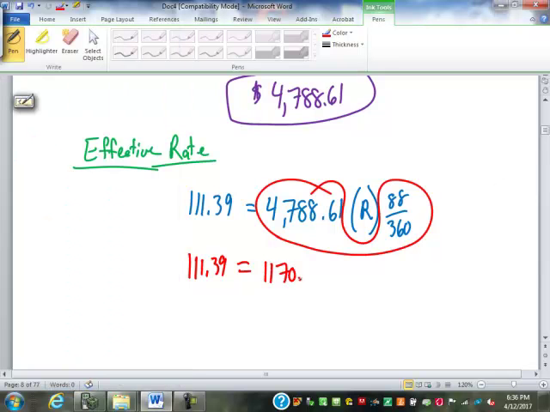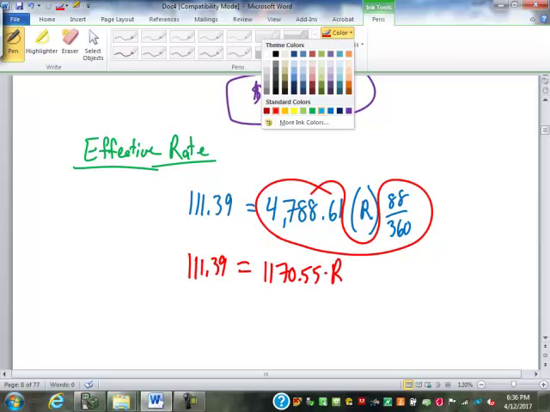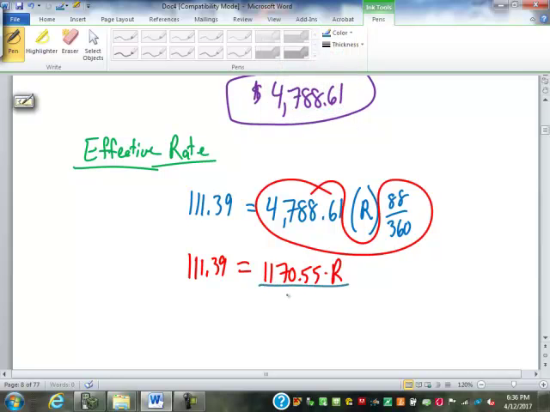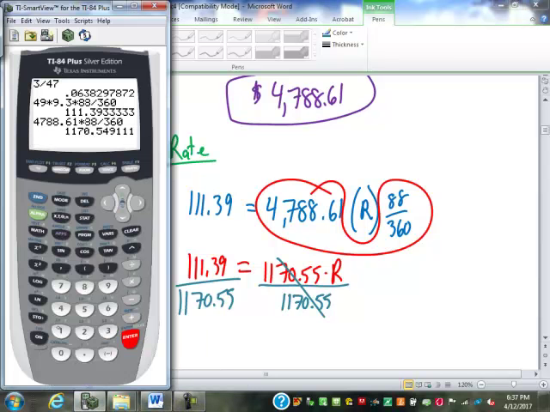1170.55. Now again, I'm keeping that in my calculator so that I don't have a round off in this next calculation, which is going to be to divide by 1170.55. You've got the 1170.55. Just leave it on your screen for now. And in just a second, I will show you how we reuse it. So what you're going to do on your calculator to keep that in the calculator is you're just going to type in 111.39. Then you're going to hit divided by.